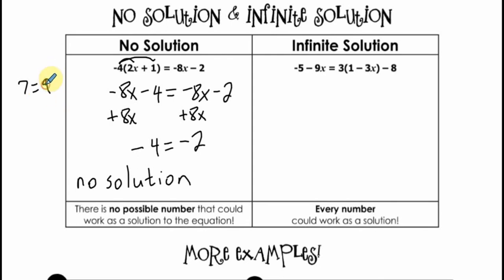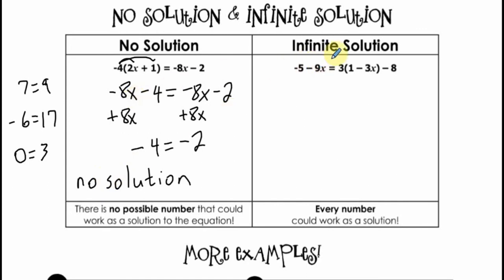Well, that is not true. So there's no solution. You might have something like negative 6 equals 17. Well, those two sides can't be made equal. Negative 6 will never equal 17. No solution. You might have 0 equals, let's make it 3. Again, those two sides are not equal, so it's no solution.